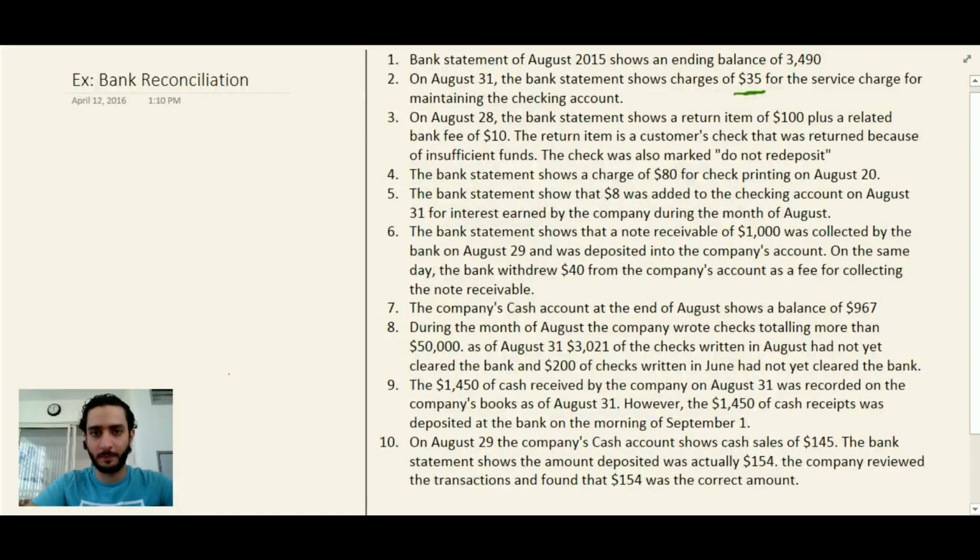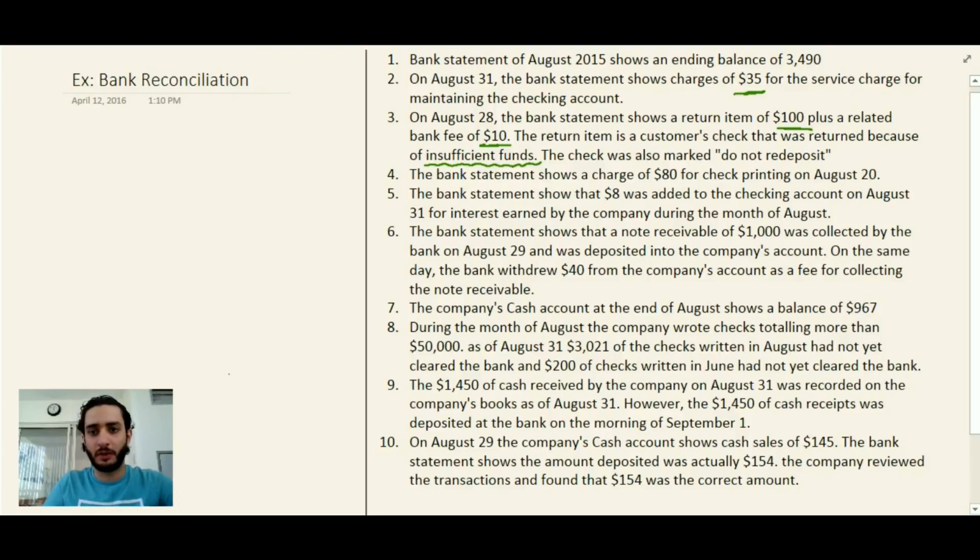Okay, let's continue. On August 28th, the bank statement shows a return item of $100 plus a related bank fee of $10. The return item is a customer's check that was returned because of insufficient funds. The check was also marked "Don't redeposit."